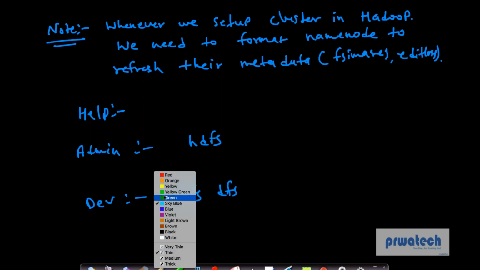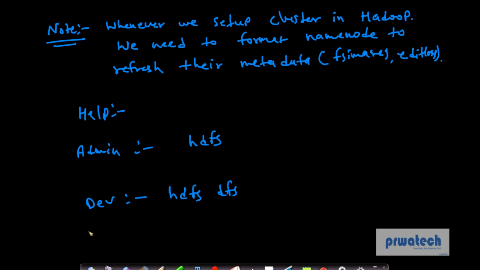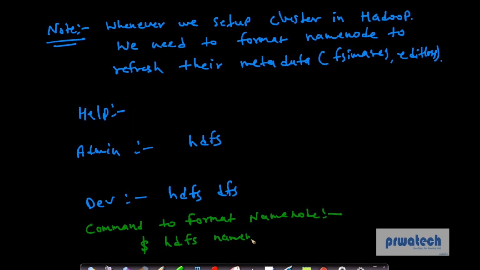The command to format the name node is this. And why we are formatting, I've given a note above. This script name is hdfs namenode -format.